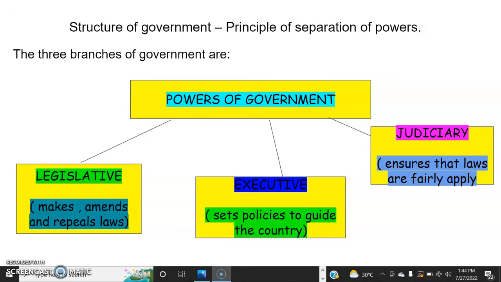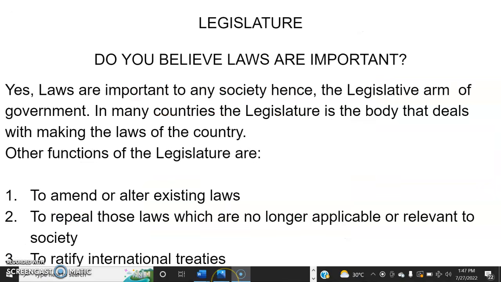The main role of the executive branch of government is to set policies to guide the country. The main role of the judiciary branch of government is to ensure that laws are fairly applied. Now, we're going to go in depth into the legislative branch of government, right?